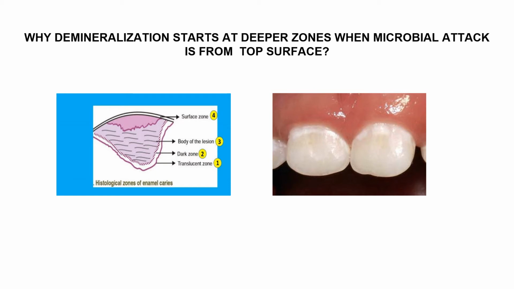The first demineralization starts at the advancing front, the deeper aspect, and then proceeds towards the surface. So the question arises, when microbes are present on the surface, why does demineralization not start from the surface? The lactic acid production is from the top surface, but the demineralization starts at the deeper front. Why?